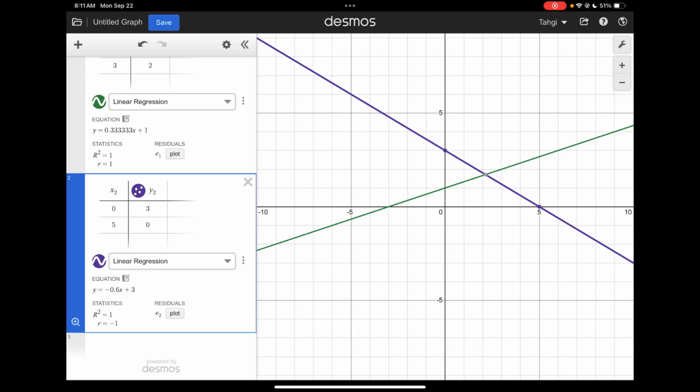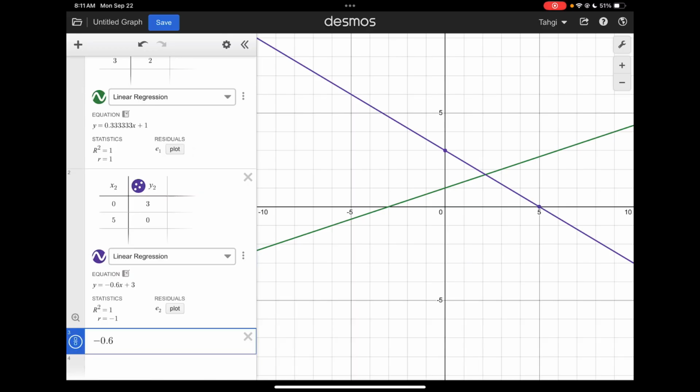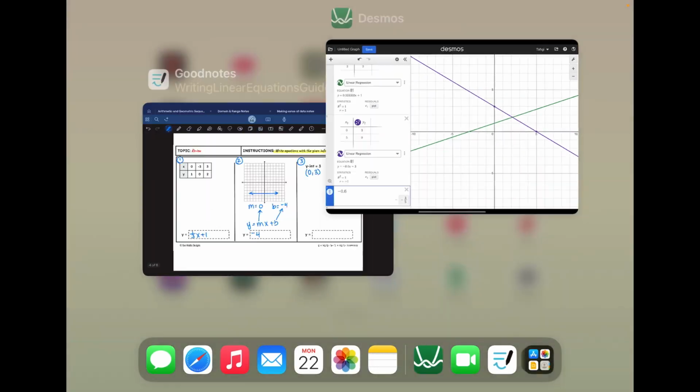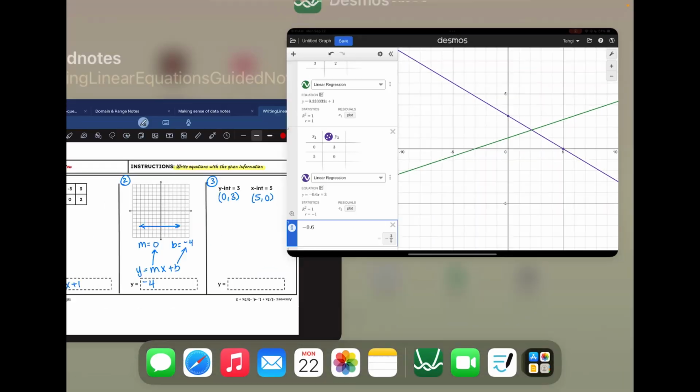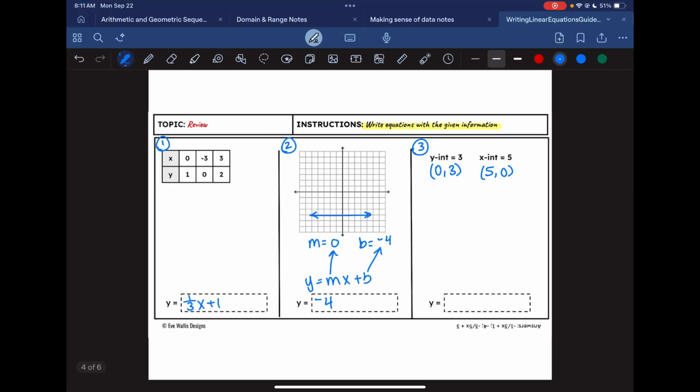It's y equals -0.6x plus 3. And I can write that decimal as a fraction, and it's -3/5. So let's go to, is it plus 3? Yeah. Let's go back to my paper. It'll be y equals -3/5 x plus 3.